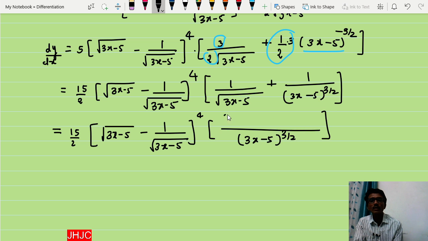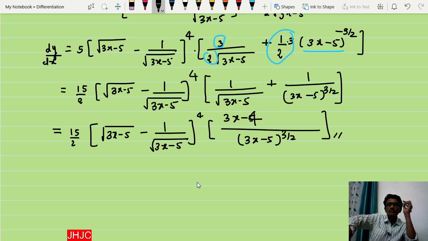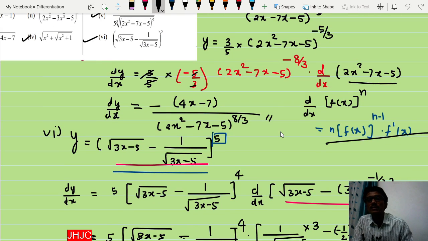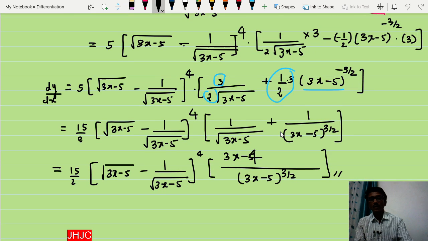You have to multiply 3x minus 5 over here, and this plus 1, so this makes minus 4 only, and this will be the answer. 15 by 2, this whole bracket as it is raised to power 4, 3x minus 4, actually it is 3x minus 5 and this plus 1, it becomes 3x minus 4, and the denominator is 3x minus 5 raised to power 3 by 2. So this will be the derivative of this sixth question. Answer is this.